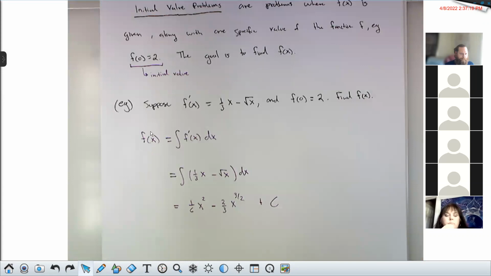So f of x is some function like this. And to nail down specifically which function, right, this is really an infinite family of functions. For every possible constant c, you get a different curve. It's not all that different, but technically different functions. So we use this initial value to solve for c.